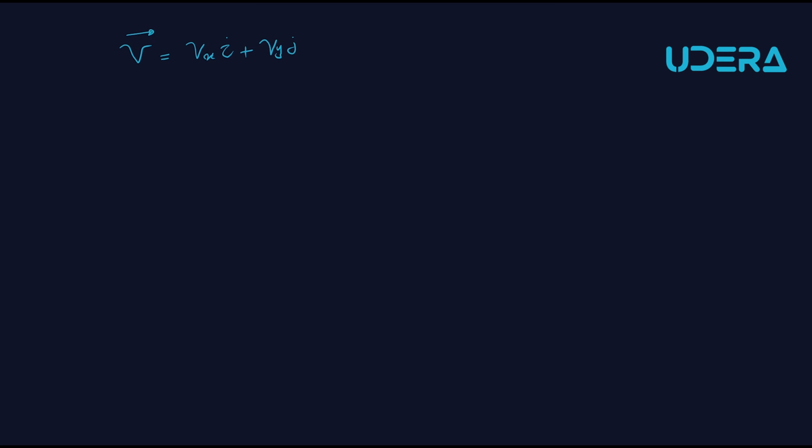So let's sketch this vector V on a 2D plane. Again, x and y axis, and this is vector V with certain coordinates.